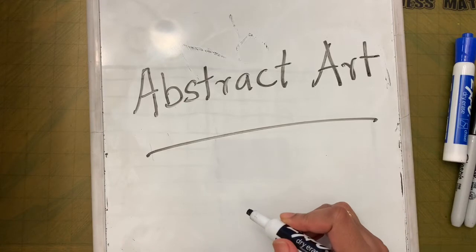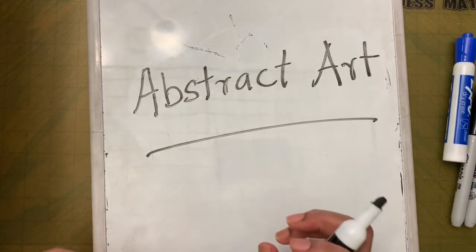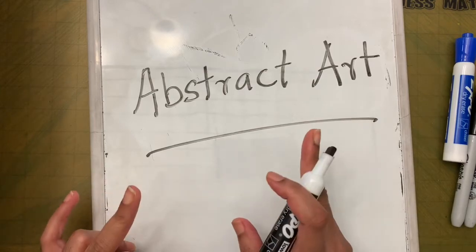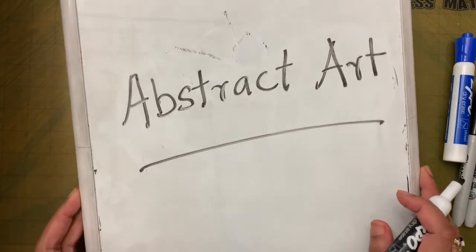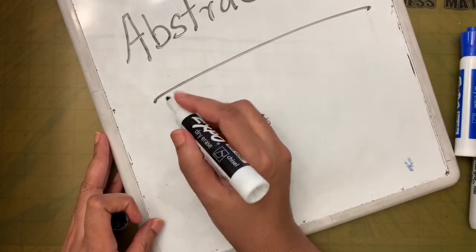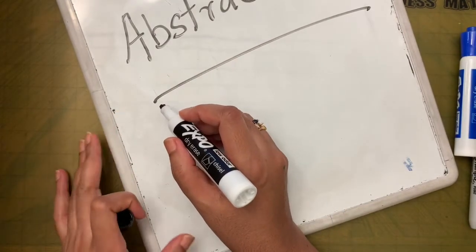So abstract art is a painting that is filled with lines, shapes, color, and more. So let's write down what are the things that are used in abstract art.